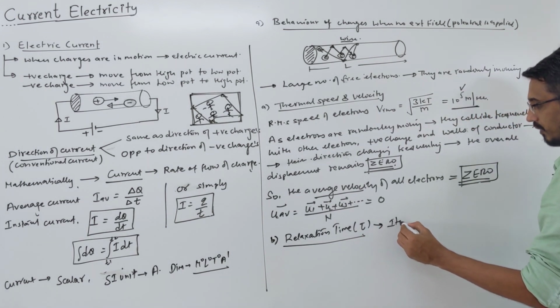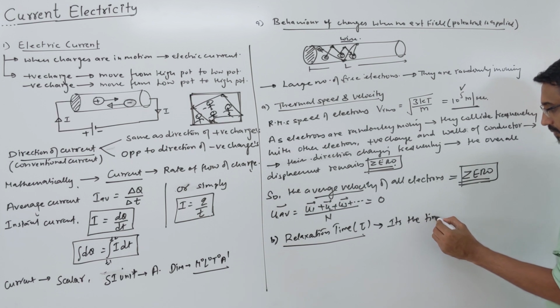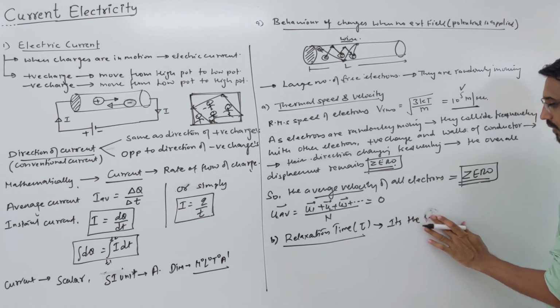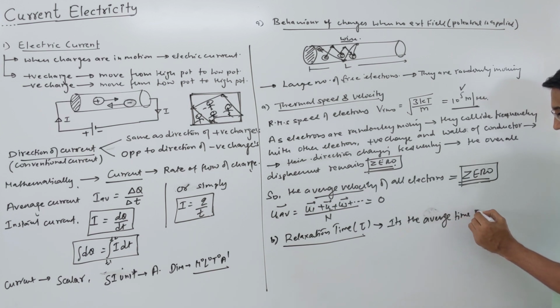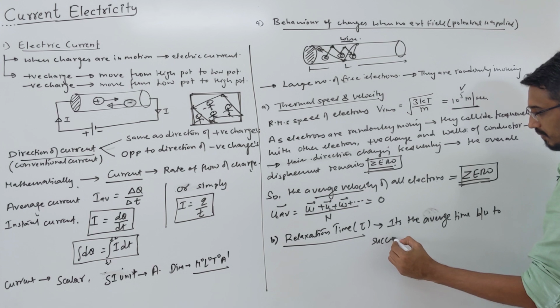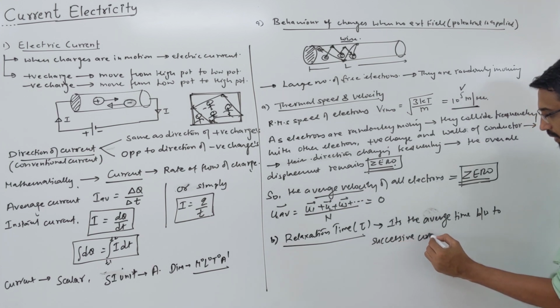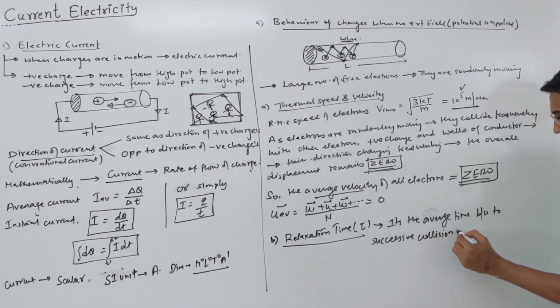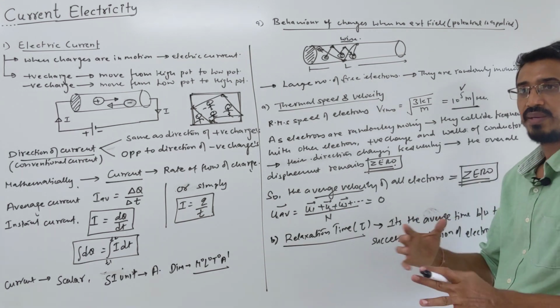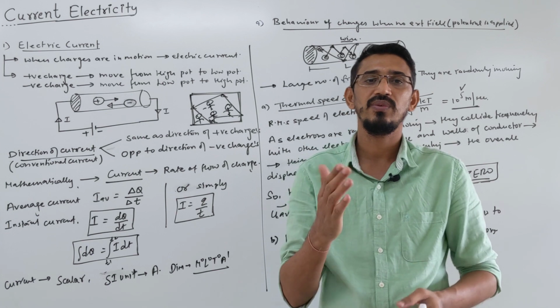It is the average time between two successive collisions of electrons. How much average time do they take between two collisions? That's called relaxation time.